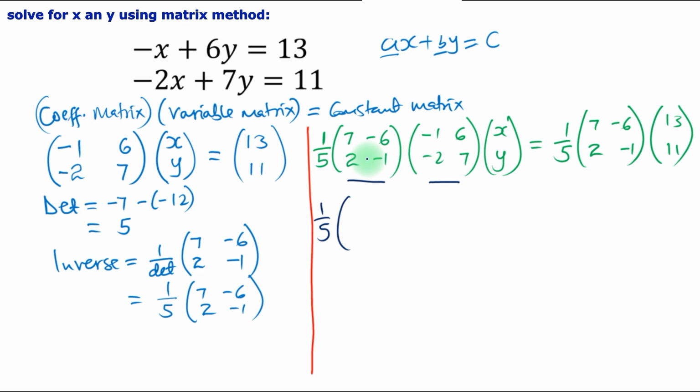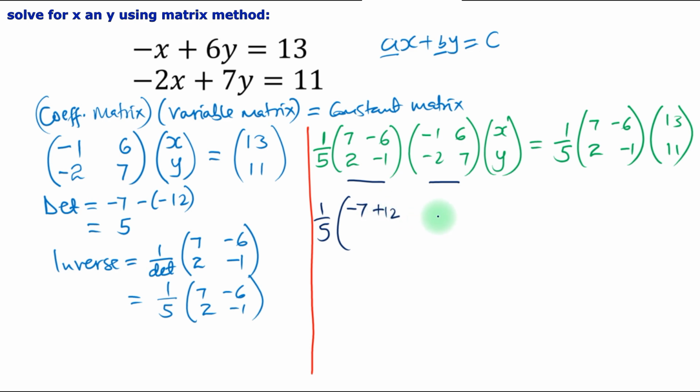The first one is 2 by 2 and the other is 2 by 2, so we shall end up getting a 2 by 2 matrix. So 7 times minus 1 is minus 7, then plus minus 6 times minus 2, that is plus 12.